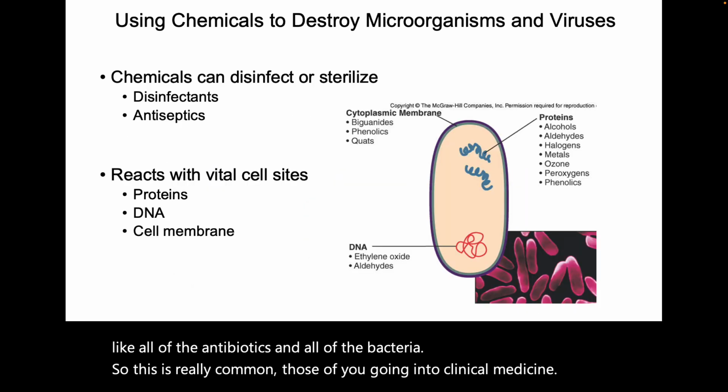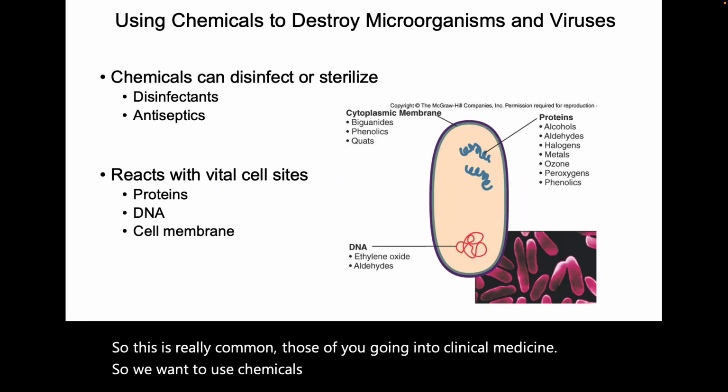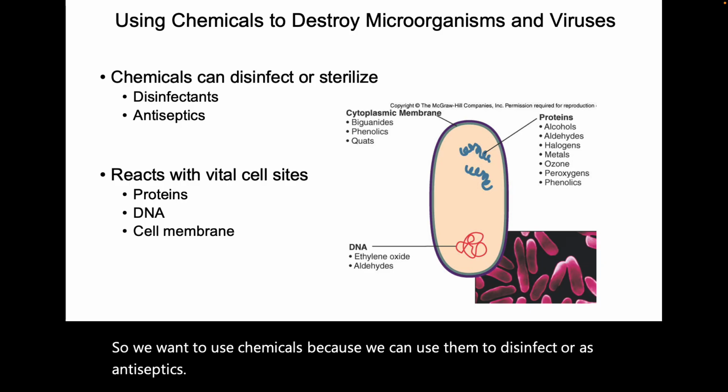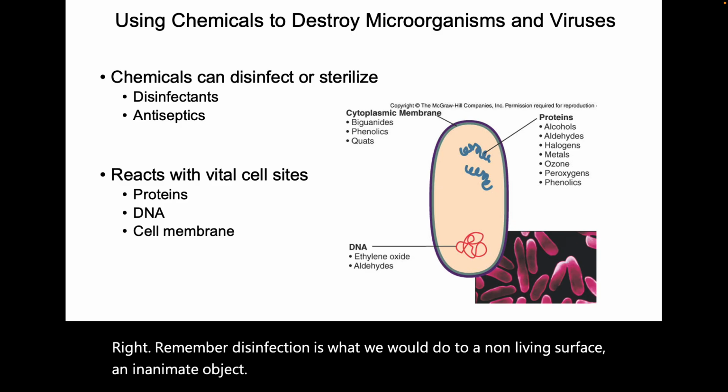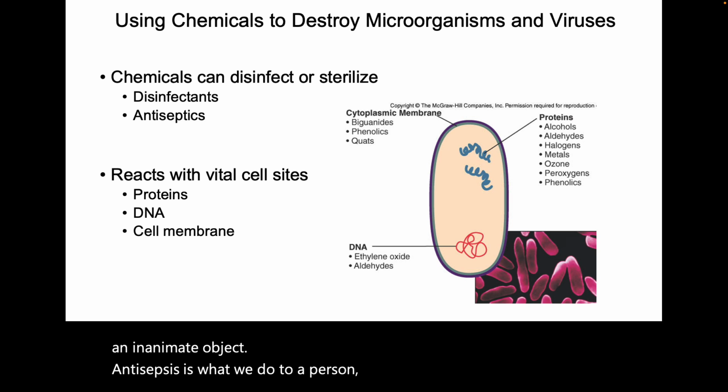So we want to use chemicals because we can use them to disinfect or as antiseptics. Remember, disinfection is what we would do to a non-living surface, an inanimate object. Antisepsis is what we do to a person, so we don't disinfect a person, even though colloquially we say that.